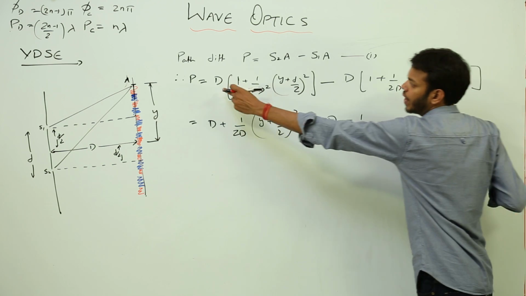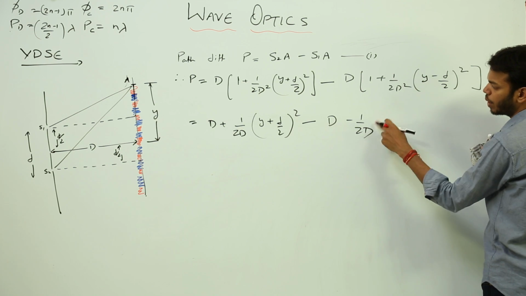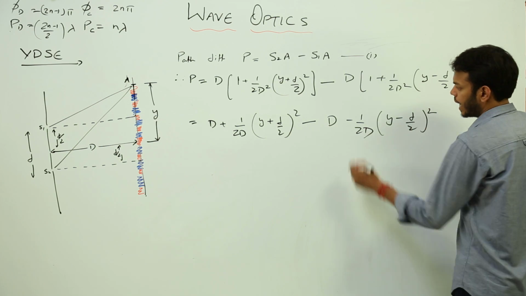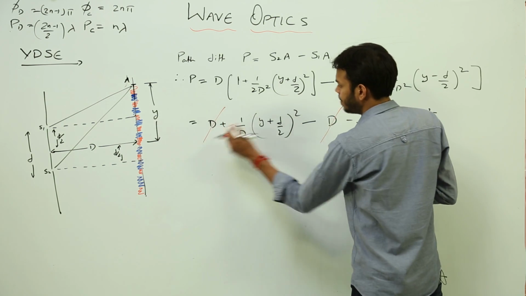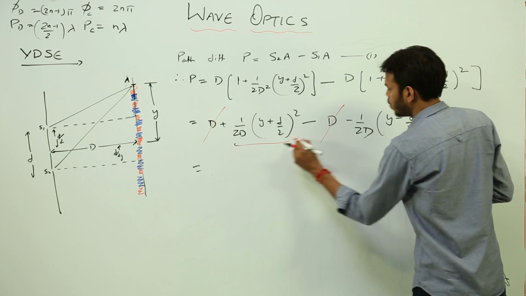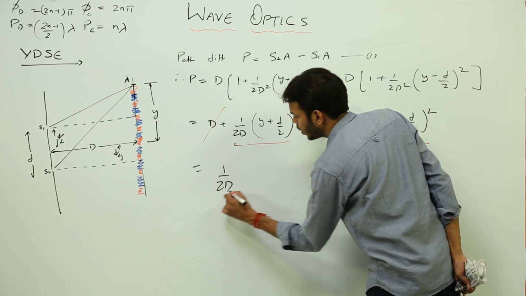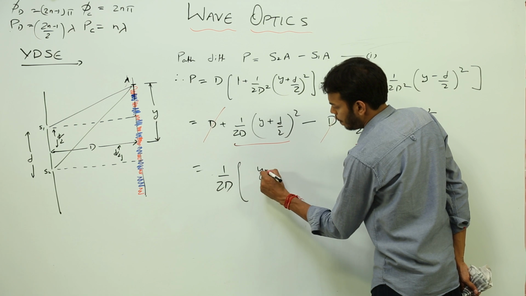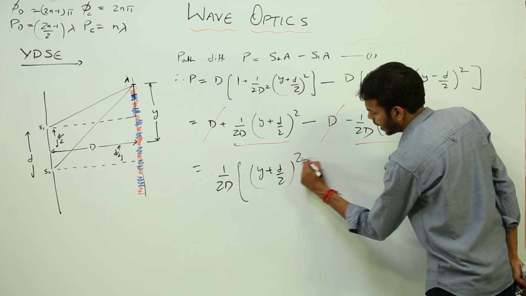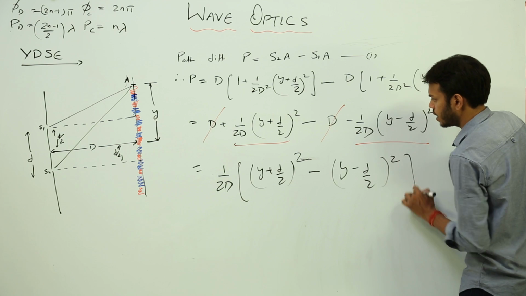Not d square, because when I multiply d with d square, one d gets cancelled out, right? So 1 upon 2d, y minus d upon 2 whole square. Again you can cancel out this term and this term, and from these two terms you can take out 1 upon 2d common. So 1 upon 2d, y plus d by 2 whole square minus y minus d by 2 square, right?